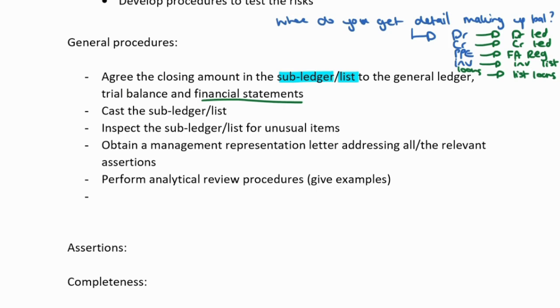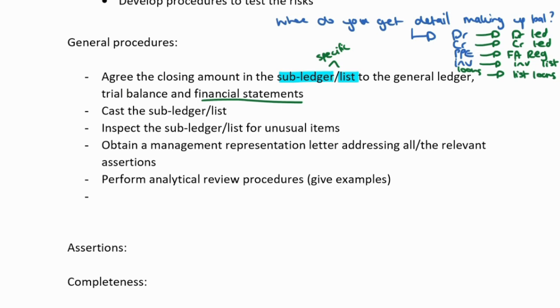So the same risk applies that we had with our class of transaction, that it must match to what I'm going to give an opinion on. So I agree the closing amount in the subledger or the list to the general ledger, trial balance and financials. Again, you need to be specific about the subledger name or the listing.